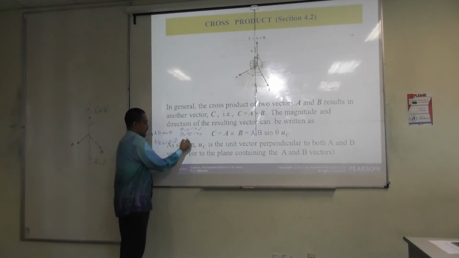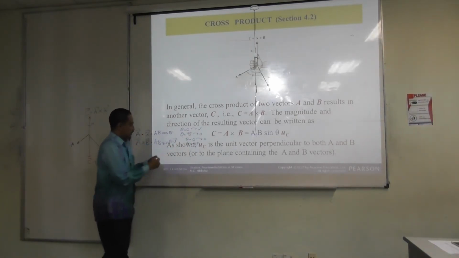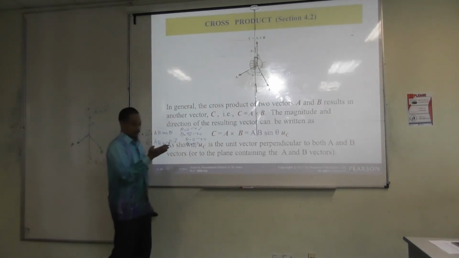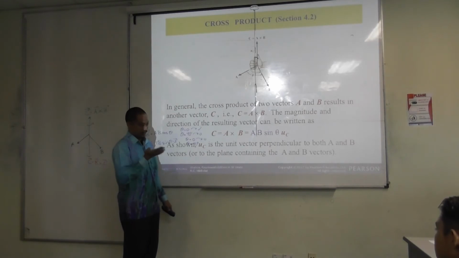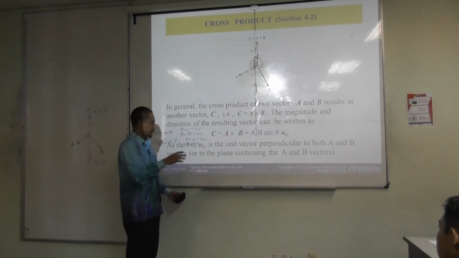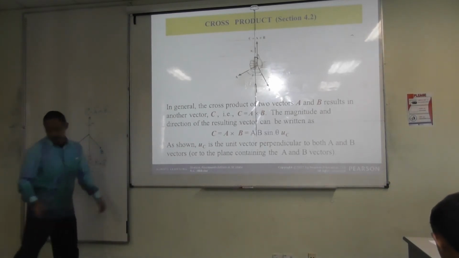So when theta is 0, you get sin 0, which is 0. When theta is 90, sine is 1, and then you have a value, and in between you still have a value. Of course, from the right hand rule perspective, if A and B are on the same line, A cross B doesn't go anywhere, so it doesn't create that term. So that's how to relate these things and how to differentiate between dot and cross.